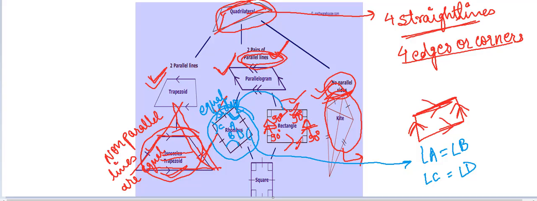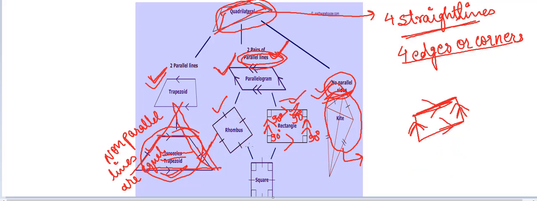By combining a rhombus and a rectangle, we get what is called a square. What is a square? Square is actually a shape which has all equal sides as well as angles of 90 degrees.